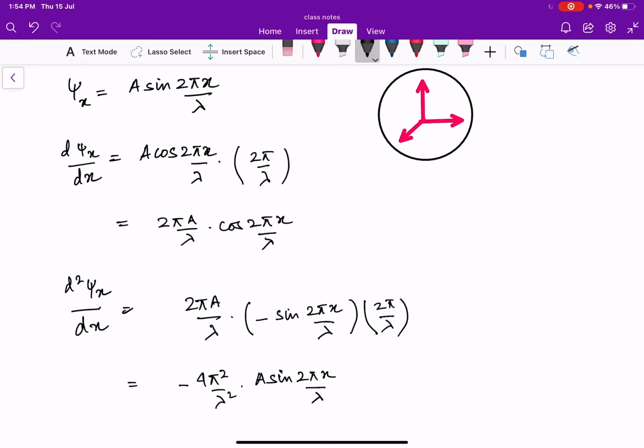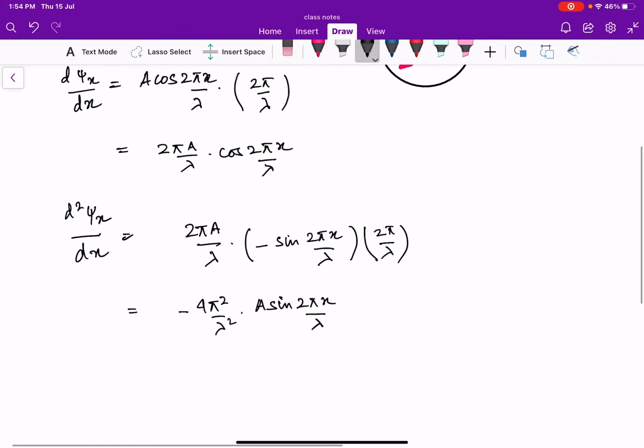Now just simply notice here what it's written, the same thing which is written here. So we can simply substitute the values and we can write it in this way. Let me show you.